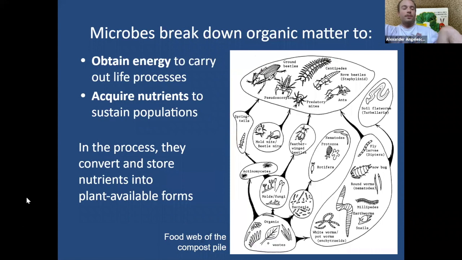I'm done with the slides, so Jessica, if you want to go to the second one. Going off of microbes, this graphic looks like a pretty complex system of battle, warfare. There's a lot of things going on in your compost pile. As we see from the title here, microbes are breaking down organic matter, and in that process, they're obtaining energy and acquiring nutrients to sustain populations.